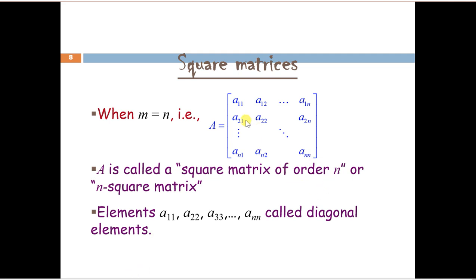Suppose it is having two rows and two columns, we can say that it is a matrix of order 2. Or if the square matrix is having three rows and three columns, we can say that it is a matrix of order 3. In a square matrix, the elements at A11, A22 and Ann positions are called the diagonal elements.